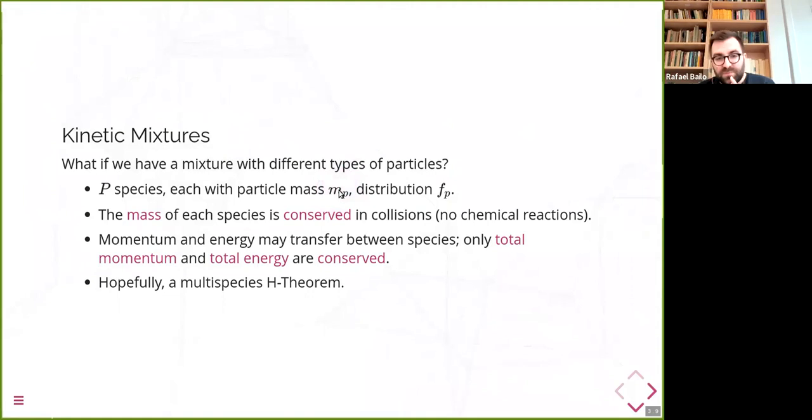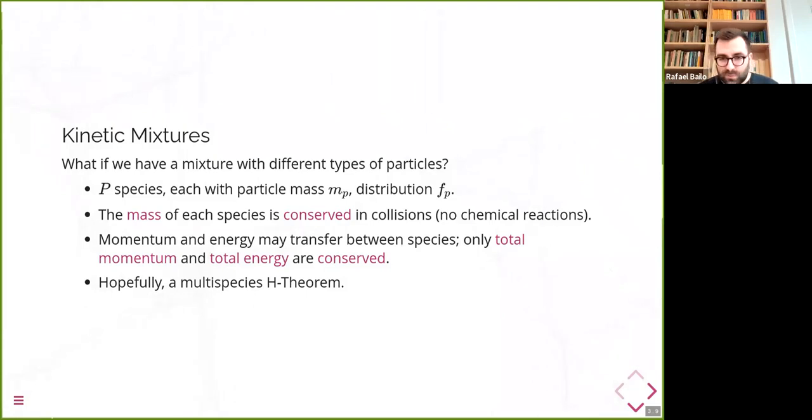Again, the mass of each species is going to be conserved in collisions because 2 particles come in, 2 particles come out. But now you can have transfer of momentum and transfer of energy between the species. You conserve the momentum in a collision, but if you have particles of different gases coming in and they come out with different velocities, there has been a net transfer of momentum from one species to the other.